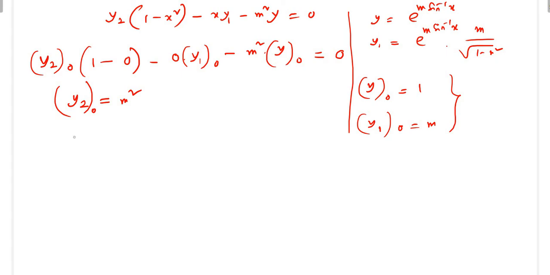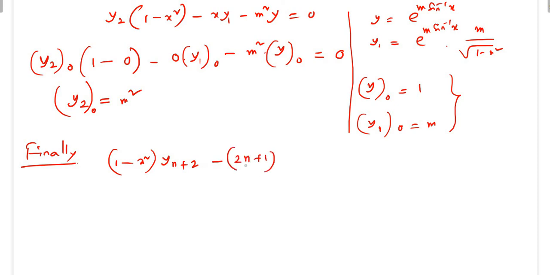Okay, now finally just write the final result. This is finally what we get: 1 minus x square times y n plus 2 minus 2n plus 1 times x y n plus 1 minus n square plus m square into y n equal to 0.